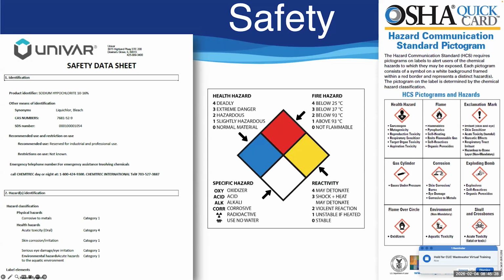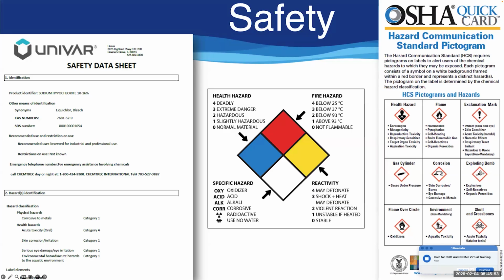the safety data squares and the hazard communication pictograms, because these are going to be on all of those chemicals. So the safety data sheet is going to give you a rundown of what it is, what's dangerous about it, what to do when you are exposed to it.